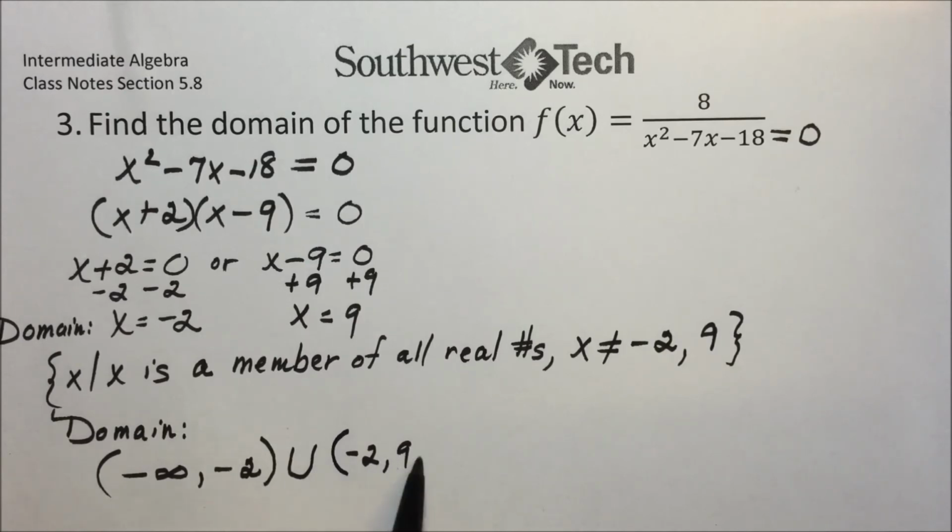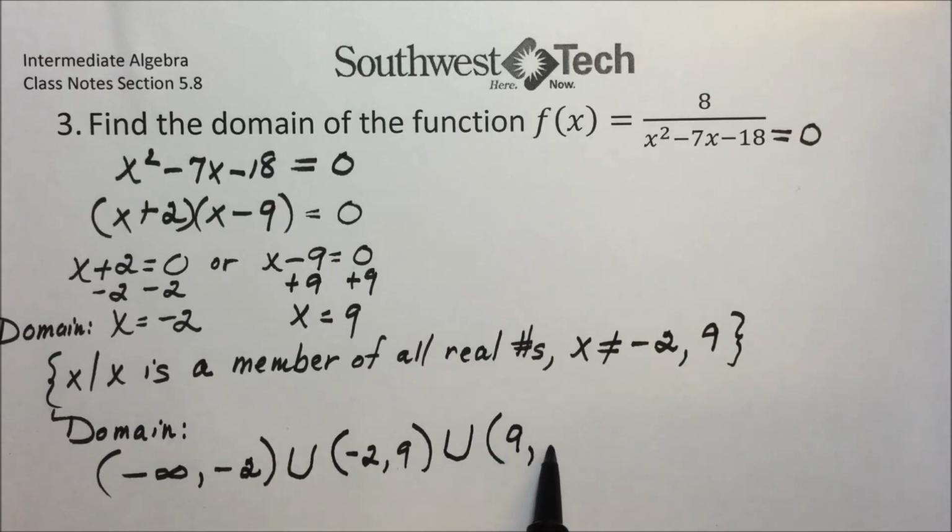So to show the non-inclusion, we use parentheses, union with 9, starting with 9 but not including it, anything greater than 9 up to positive infinity. This would be our expression for the restriction on our domain for this problem.